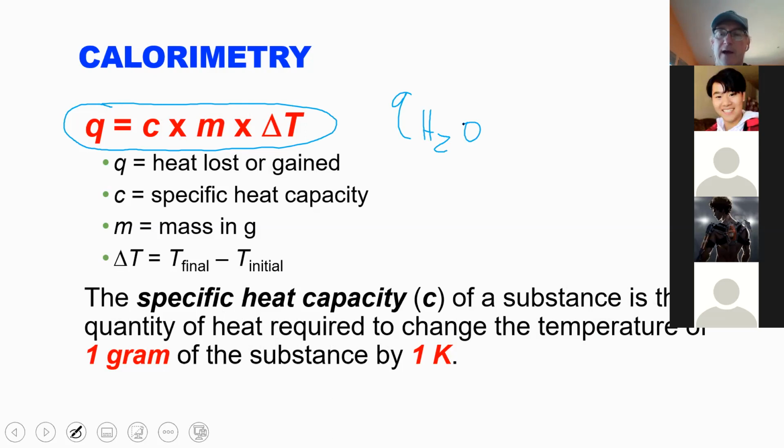You calculated that by figuring out what's my mass of water in grams, what's the specific heat of water, which we now know is 4.184 joules per gram Kelvin, and how much did the temperature of the water change. And so that gave us Q water.